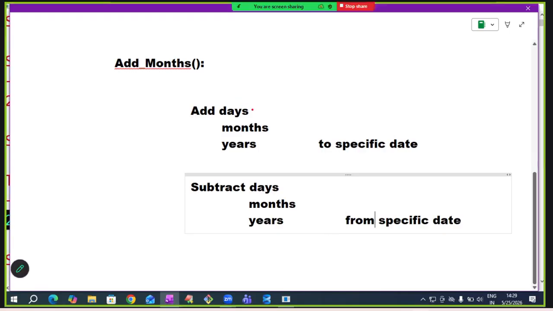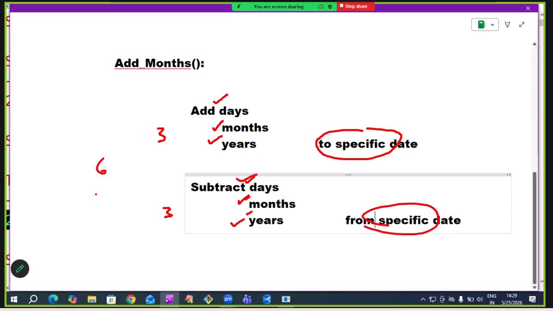Adding days, months, years, 3 cases. Subtracting days, months, years, 3 cases. Total 6 cases we must know.